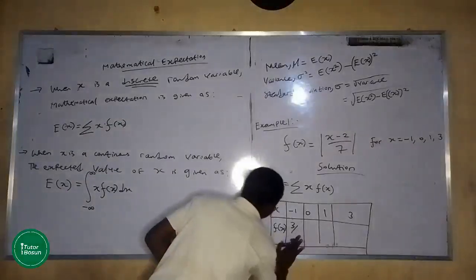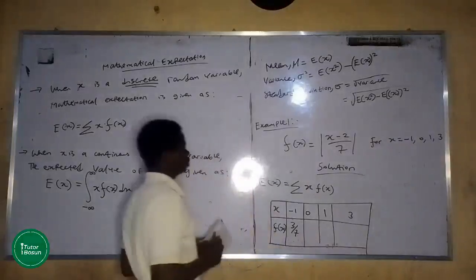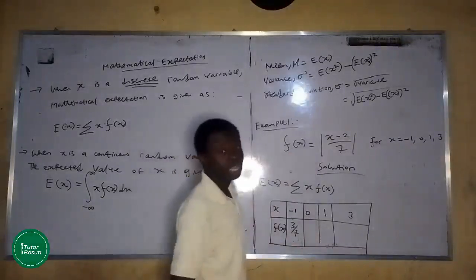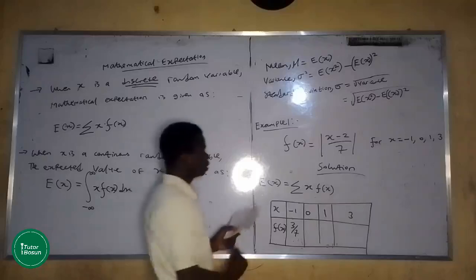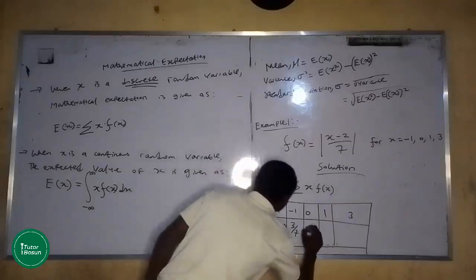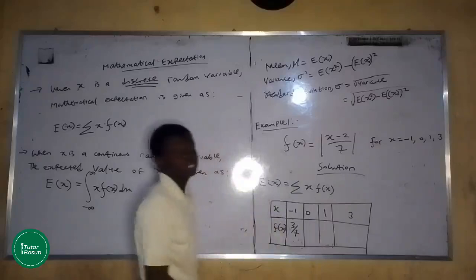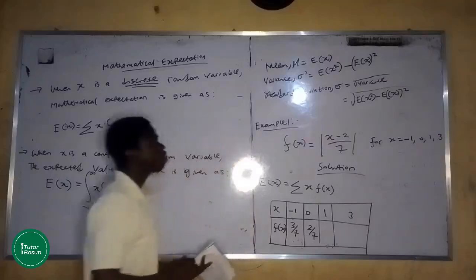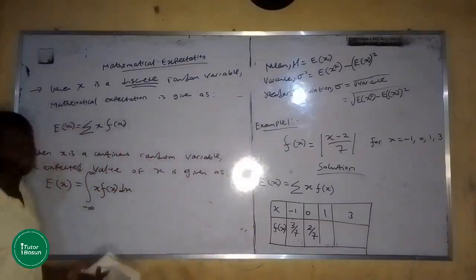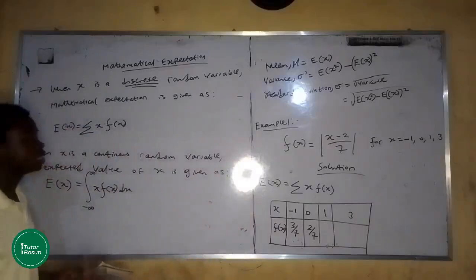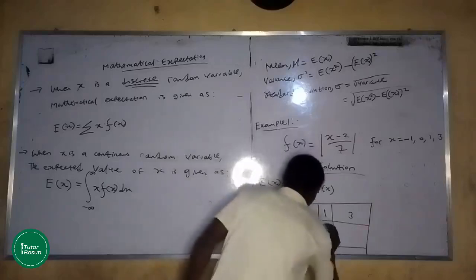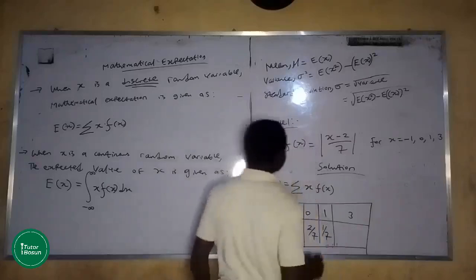The next thing is to input your 0. 0 minus 2 is minus 2 over 7, so we neglect the minus. That will be 2 over 7. We also have 1 minus 2 over 7, that will be minus 1 over 7. You neglect the minus, that will be 1 over 7.